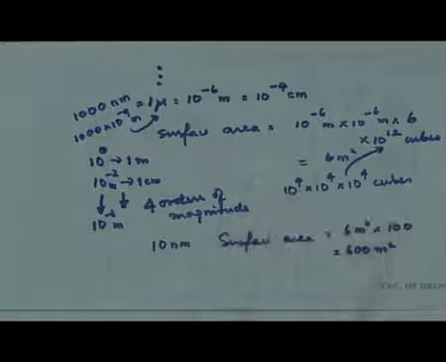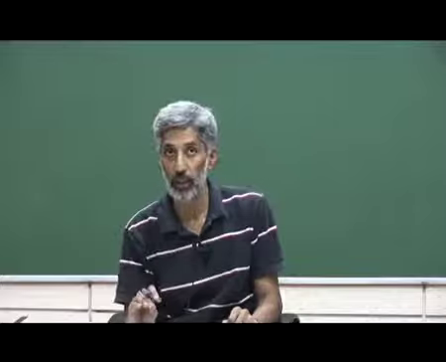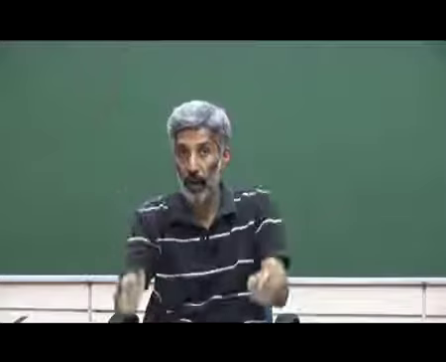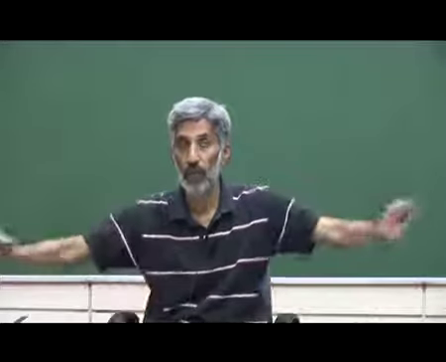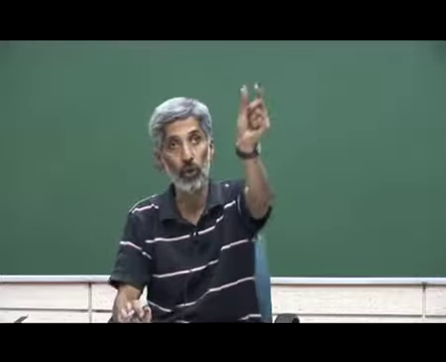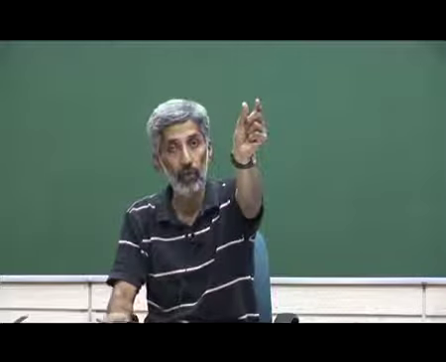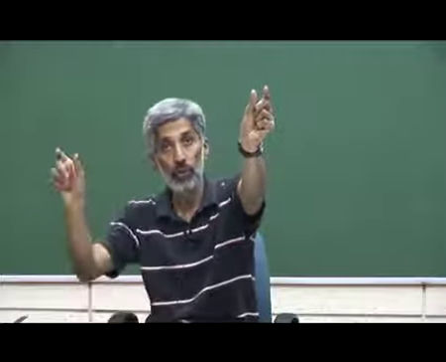What I am trying to illustrate is that as the size of the object keeps going down, the surface area keeps increasing. So if I took a cube which was 1 centimeter in length and then went down to 10 to the minus 8 meter, which is 10 nanometers, the surface area went from 6 square centimeter to 600 square meter.